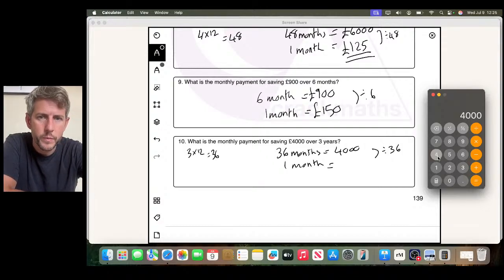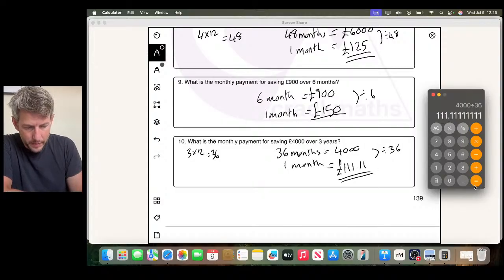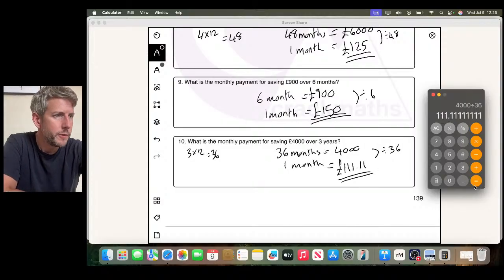Okay, so that would be 4,000 divided by 36. There we go. 111 pound and 11 pence.